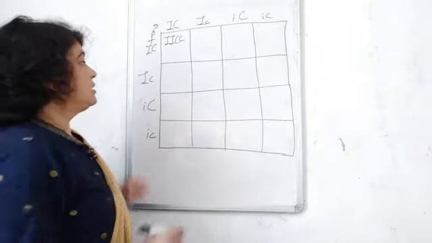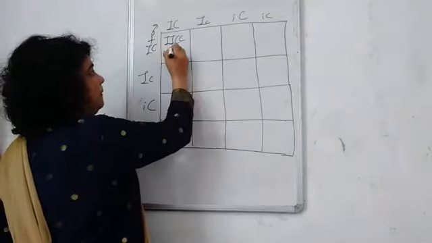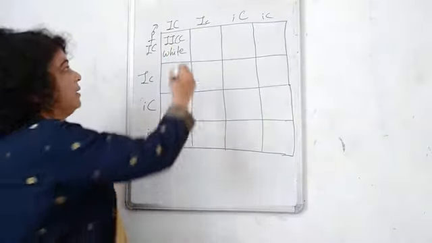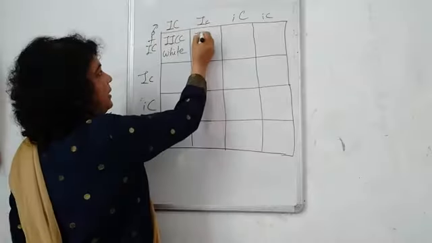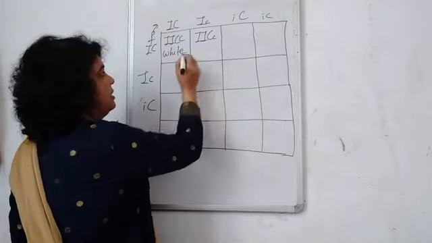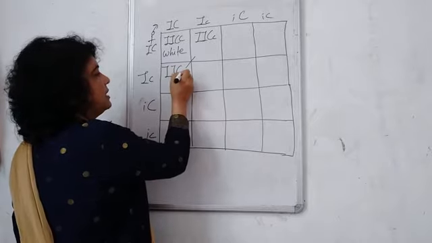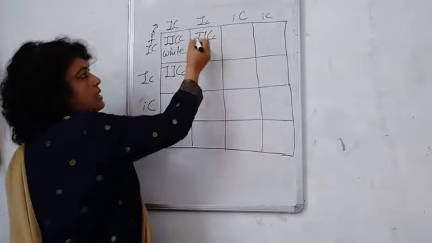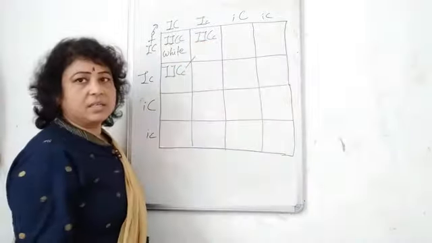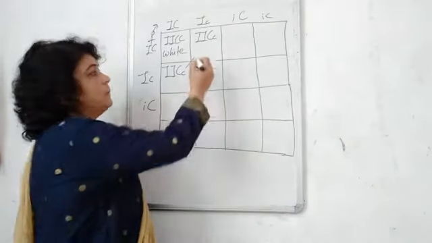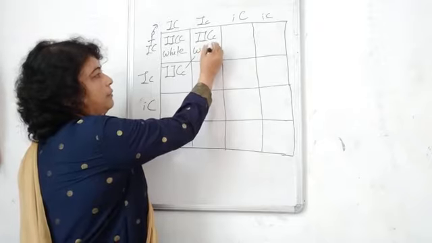So this fowl was white. Then this capital I, capital C, small c. Similarly this capital I, capital C, small c. Here also I is in dominant condition, so it does not allow C to express its characters. So it is again white.